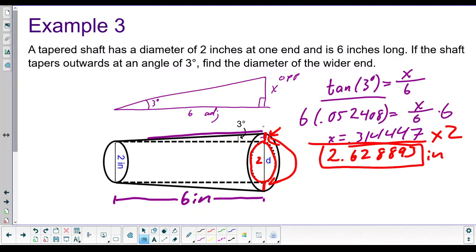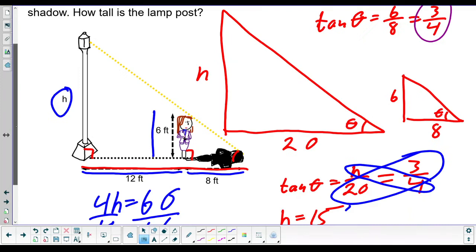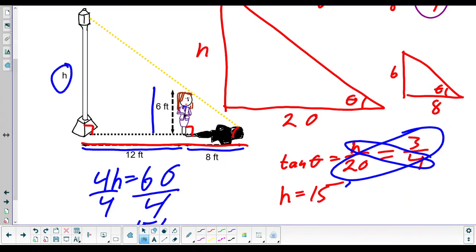Problems like this, even when you're done finding the x in the trig ratio, sometimes you have to do a little bit extra math just to get to the finish line. And then remember, if you have similar triangles, tangent of theta always equals the same ratio. So you're going to just set your ratios equal to each other. 6 over 8 equals h over 20, and then solve for h.